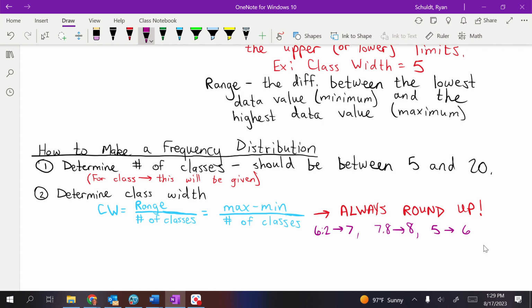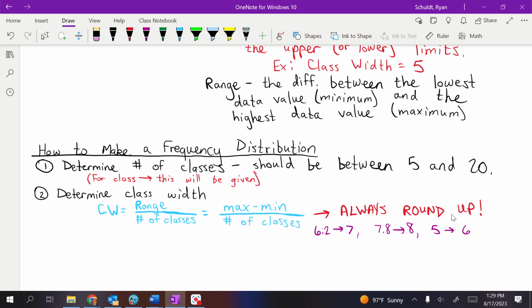The reason we do this is, if we just said, oh, it's 5 on the dot, you'll get to the end, like you're creating everything, it's good, and then you're like, I don't have enough classes for my maximum. My maximum's off the chart.